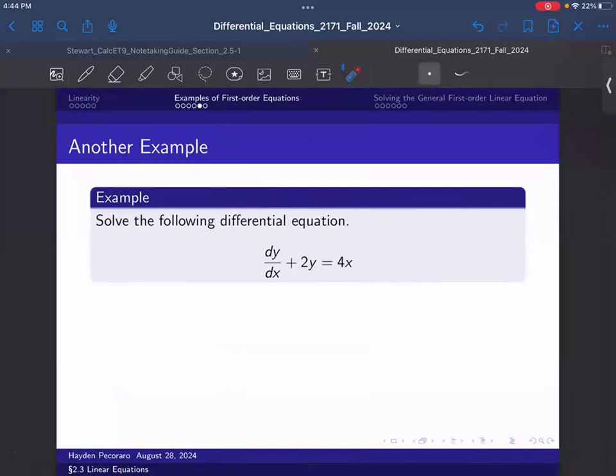So let's try that with an example, and I'll do this one for you. So let's see. I have dy dx plus 2y equal to 4x. Okay, well, 2 is not the derivative of 1. So as written, this doesn't quite work.